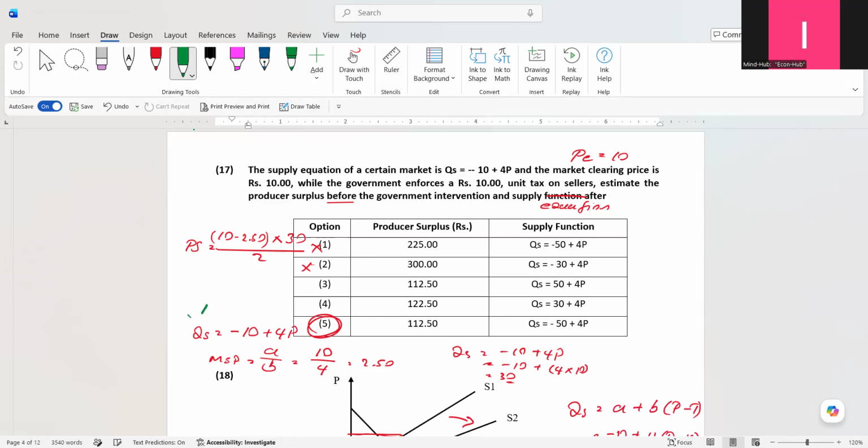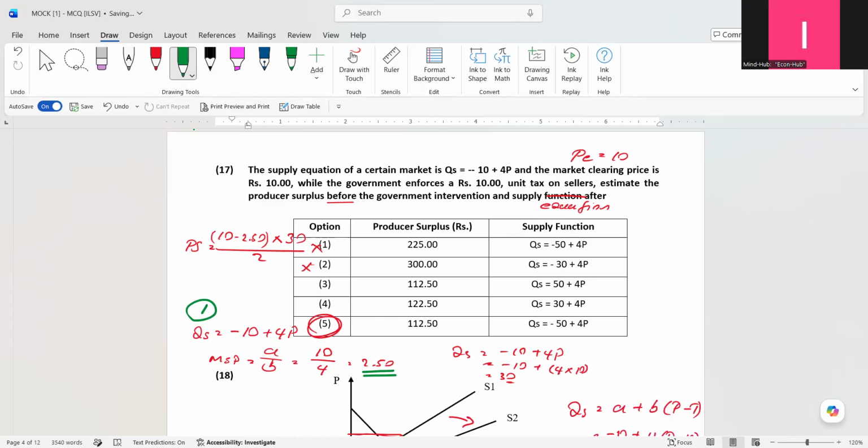So here you can see I've done the first working to find the minimum supply price, which is when quantity supplied is 0. I have applied the shortcut formula and found that the minimum supply price is 2 rupees and 50 cents. Then the equilibrium price is given, that is 10 rupees. So 10 minus 2.50. Then I need the equilibrium quantity.